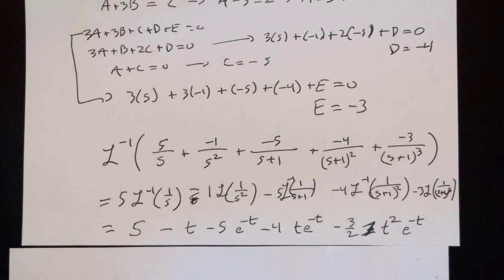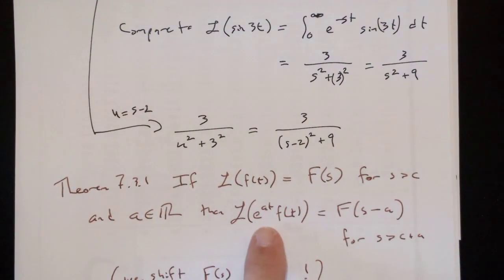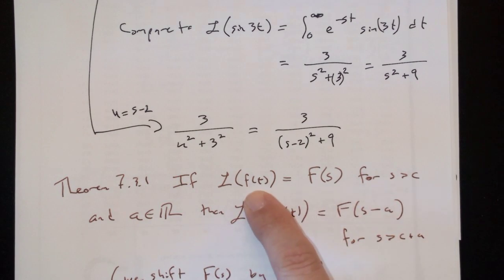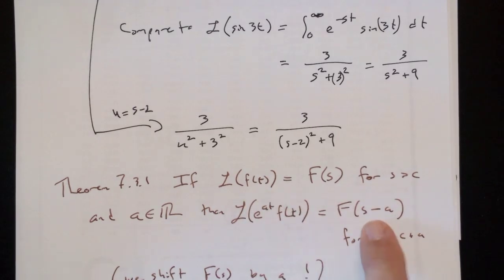Let me get the statement of the theorem back. The statement of the theorem says that whenever I have an e to the at times something, and I take the Laplace transform, the Laplace transform looks the same as without the e to the at, but it's shifted horizontally.